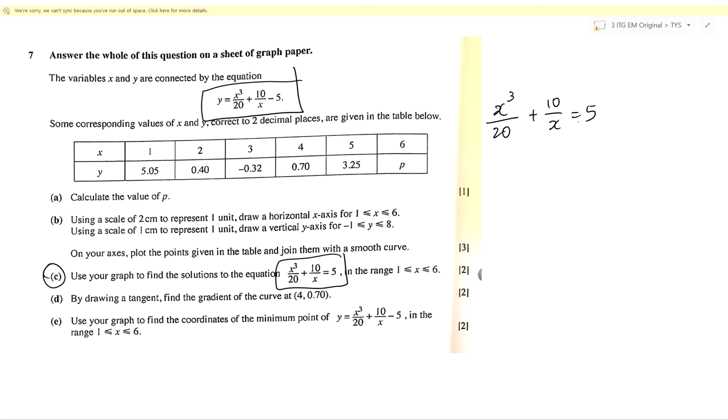I see x cubed over 20 plus 10 over x, but I need a minus 5. So if I minus 5 on the left hand side, I also must minus 5 on the right hand side. The next step, x cubed over 20 plus 10 over x minus 5 equals to 0.